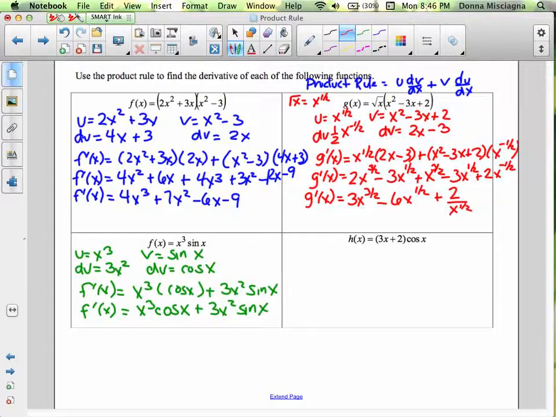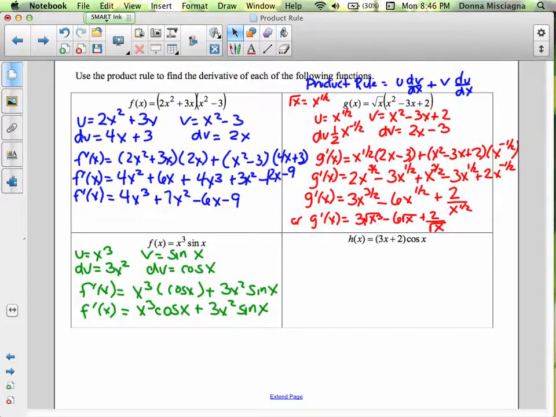You could leave it like that, or g prime of x equals, if you want to put it back as radicals, 3 times the square root of x cubed minus 6 times the square root of x, and then plus 2 divided by the square root of x. Either's fine with me. Sometimes I change it, sometimes I don't. I have a tendency to change it if it's just a square root. Sometimes I don't if it has an exponent on it because my exponents just never look right under a radical.